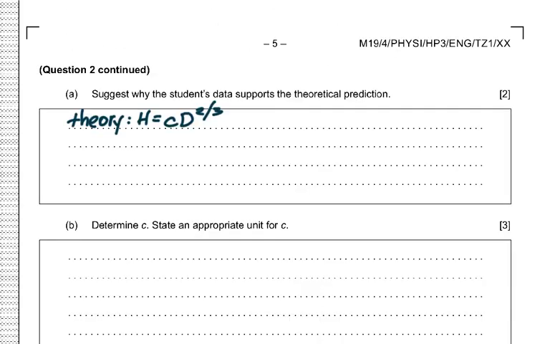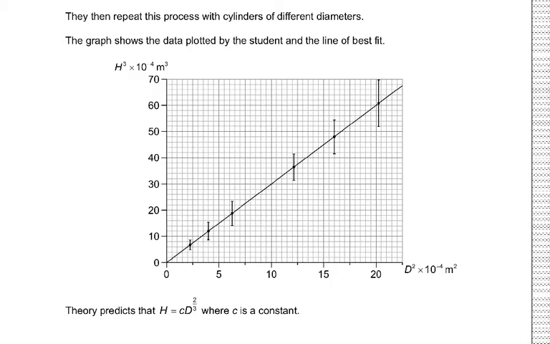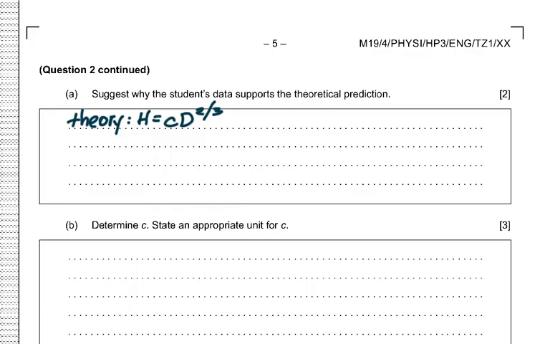So the graph, as we can see over here, is h to the 3rd versus d raised to the 2nd, and here's why that is. In order to make d squared instead of d raised to the 2/3, they raised everything in the expression to the 3rd power to get rid of the 1/3 that d is raised to.